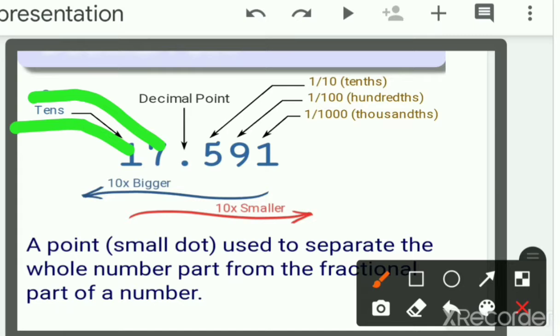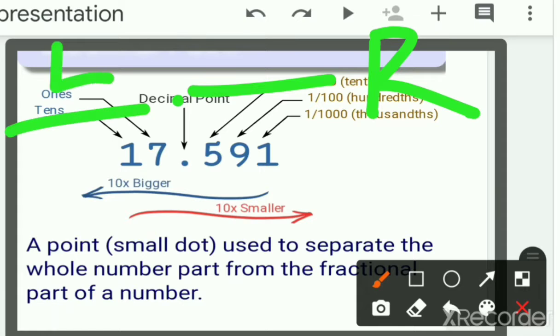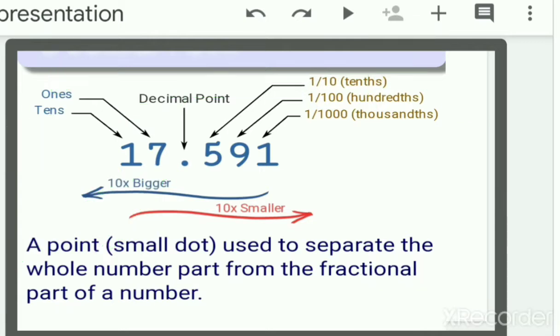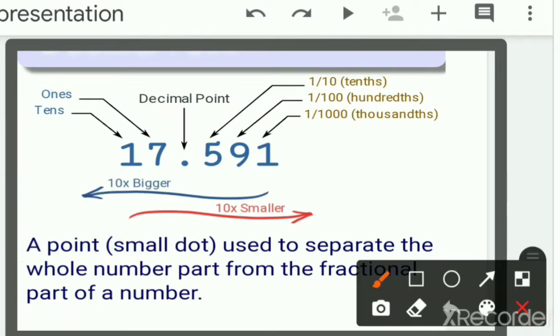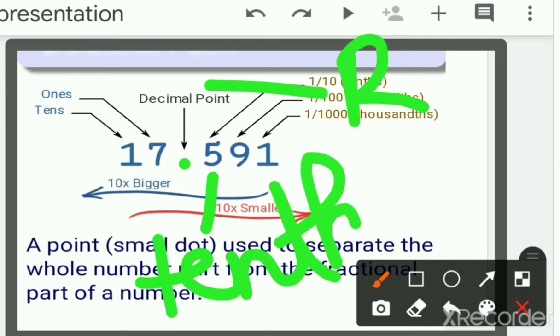So again I am repeating. This is the right side of the decimal, and this is the left side of the decimal. If you start counting, this will be ones. This will be tens. After the decimal point, on the right hand side, this 5 will be tenths.